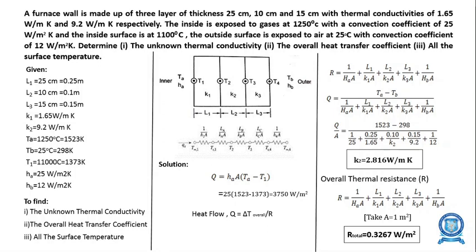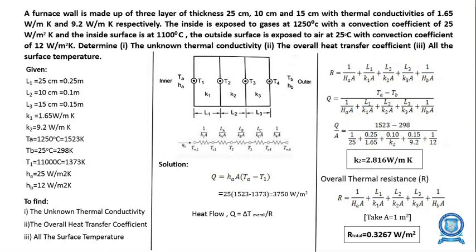Okay, let's go to the solution. Here, the convection is considered. Hence, we are using Newton's law of cooling: Q is equal to hA into (TA minus T1). Here, it is considered for convection only.